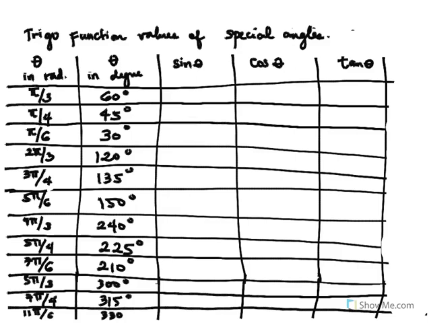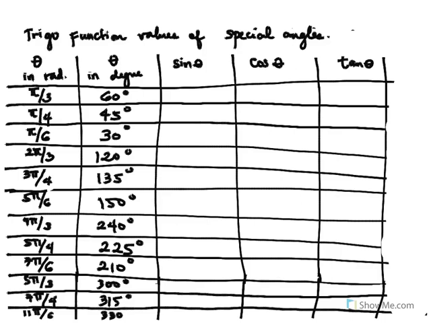So, for getting the trigo function values, it's important that you memorize the special angles from 0 to 2 pi, because our principal argument is from 0 to 2 pi. So, here is the list of special angles from 0 to 2 pi in degree and in radian measurement.